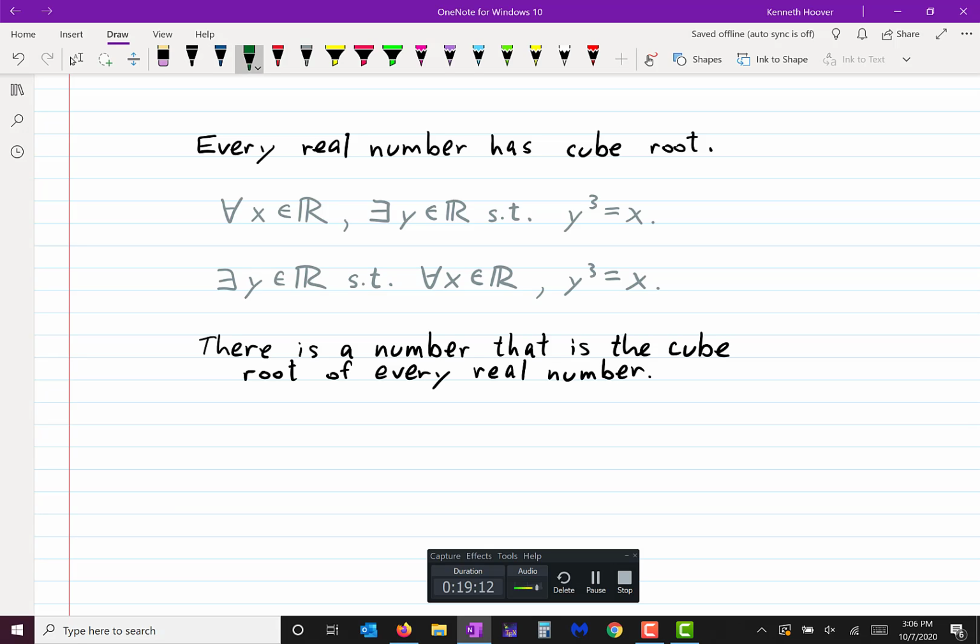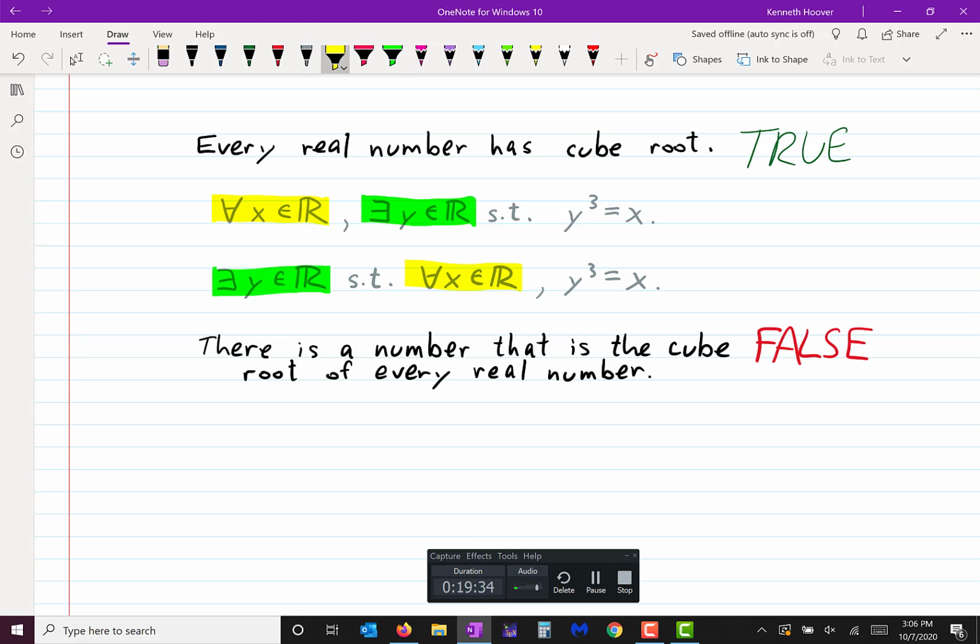You see, this up here is true. This is false. That alone tells you that they do not say the same thing. So when you have two quantifiers, the order is crucially important.